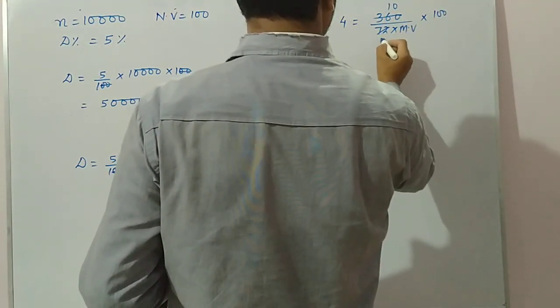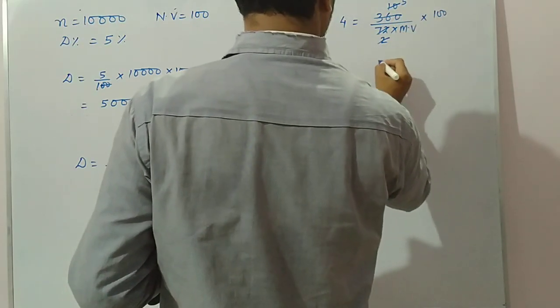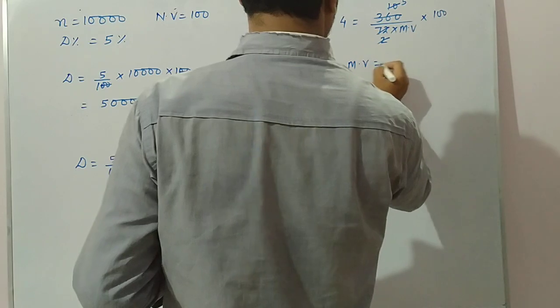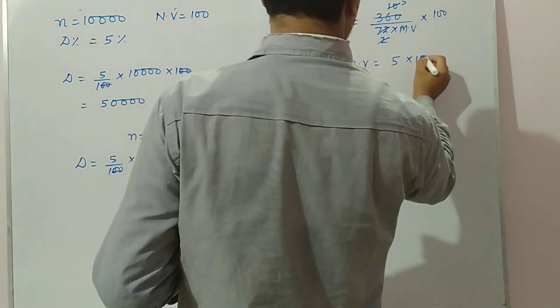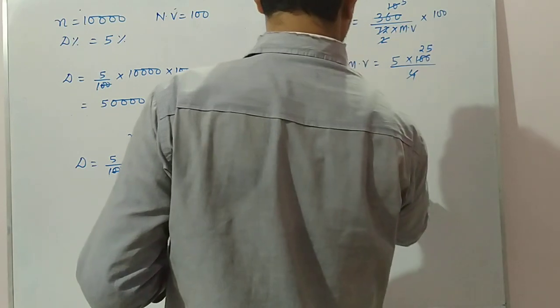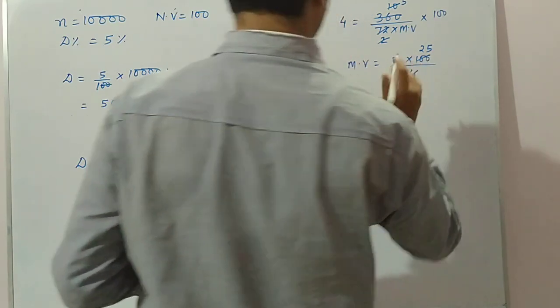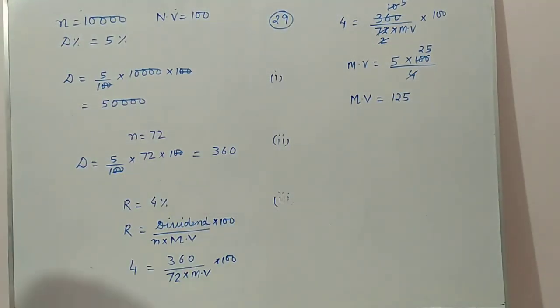So market value, that is equal to 5 into 100 by 4, this is 25. Market value, that is 125. So this is the market value of the shares.